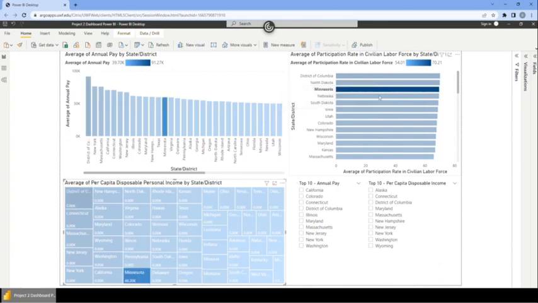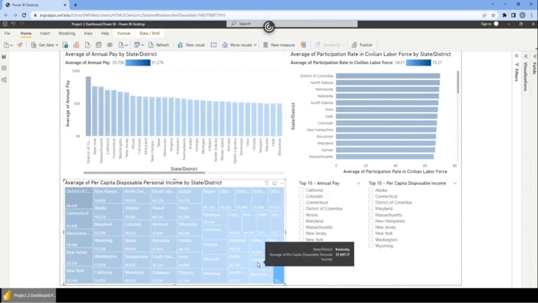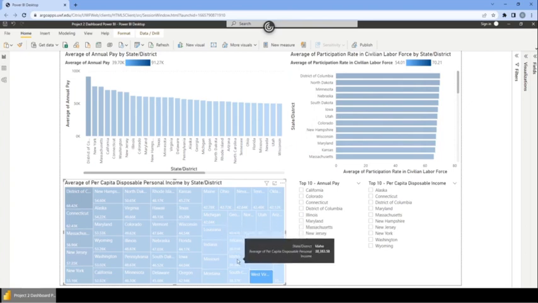So what we notice, looks like a lot of these that have a large participation rate also have large per capita disposable personal income. How about these with lower per capita disposable personal income? Wow. They're towards the bottom of average annual pay, which makes sense, but also we notice that the civilian labor force participation rate seems to be lower in states that have a lower average per capita disposable personal income.